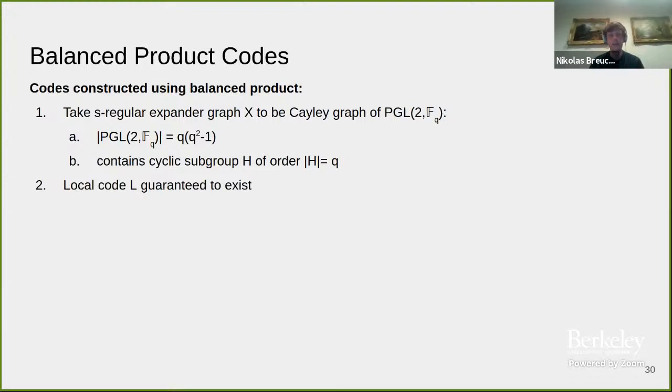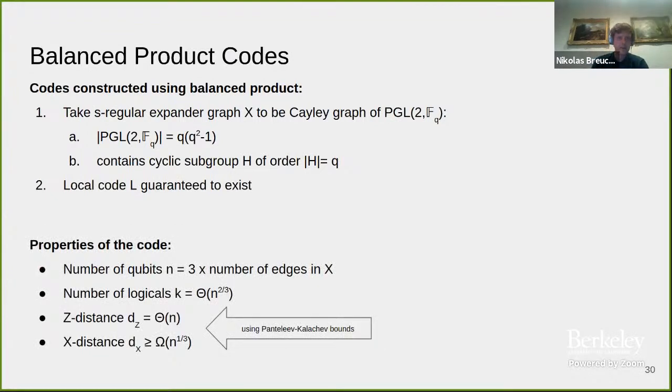We can prove that there's always a cyclic symmetry group of size q, and the total size of the graph scales like q to the 3. And we can always guarantee that these local codes, which also have to fulfill some technical condition that I didn't mention, exist using a slight generalization of a result due to Gilbert and Varshamov.